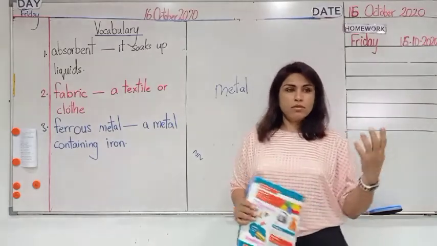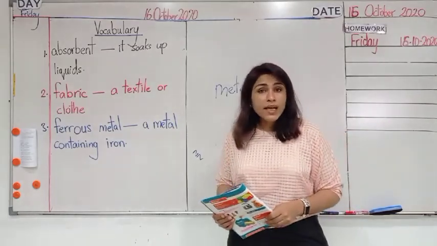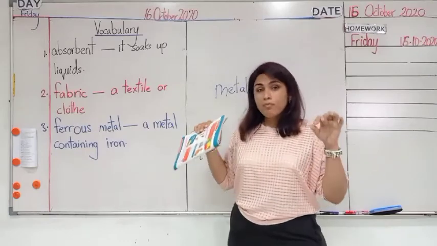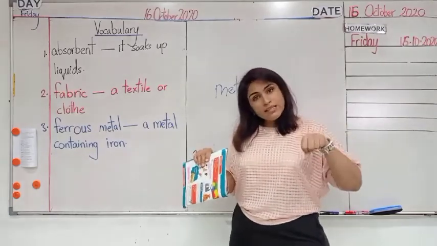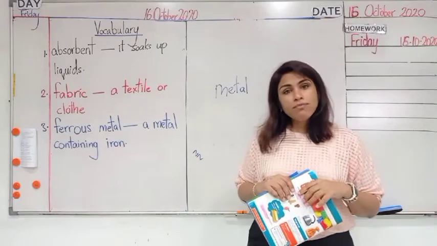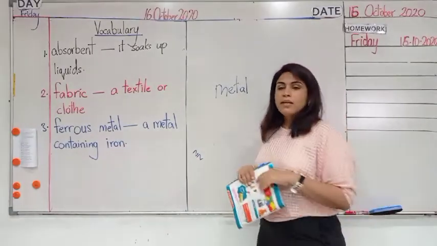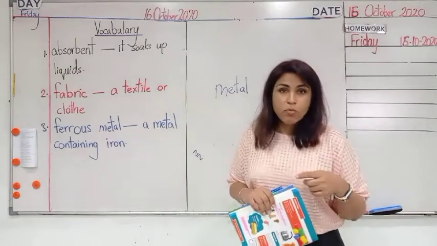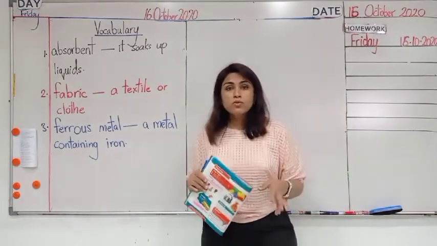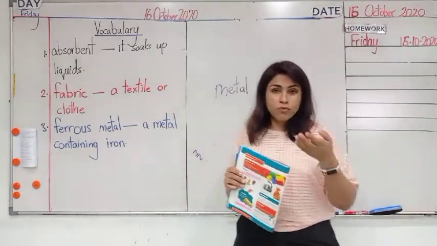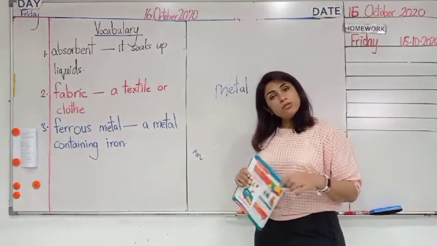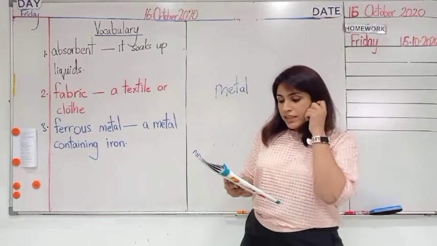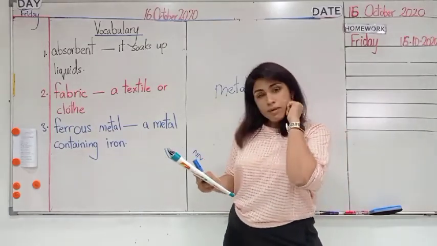Even your cycle handles: the handle is made of metal, but the casing, the cover, is made of plastic, correct? Even your mom's phone casing, the case in which you put the phone, is also made of plastic. There are many things made out of plastic.